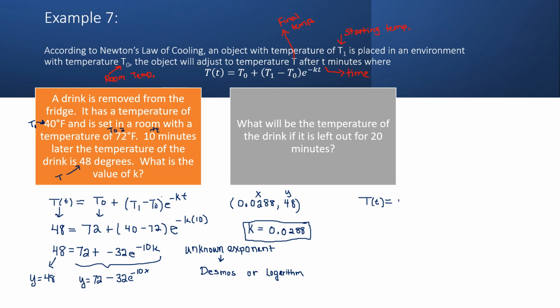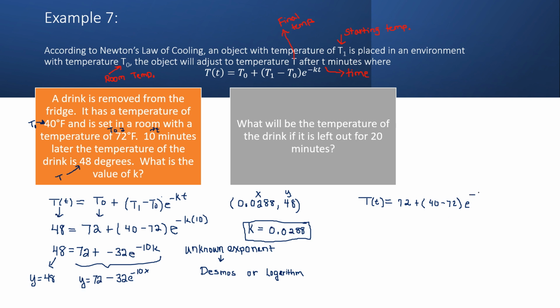So I can fill in the 72 as the room temperature, plus, in my parentheses, I'm filling in the 40 minus the 72, just borrowing all this from the work that we did with the question that was there in orange. And then we have the e, and our exponent is negative.